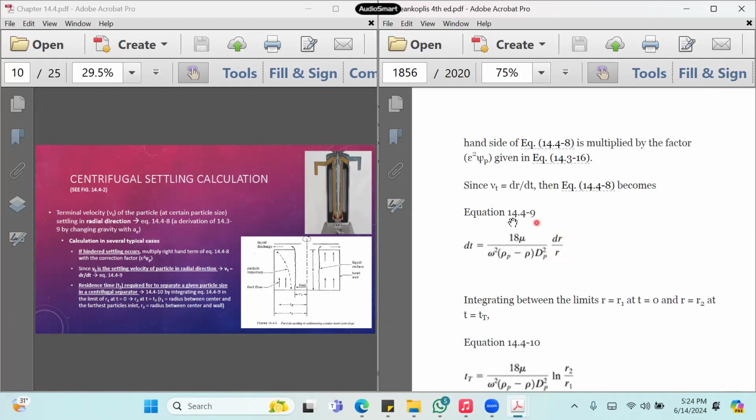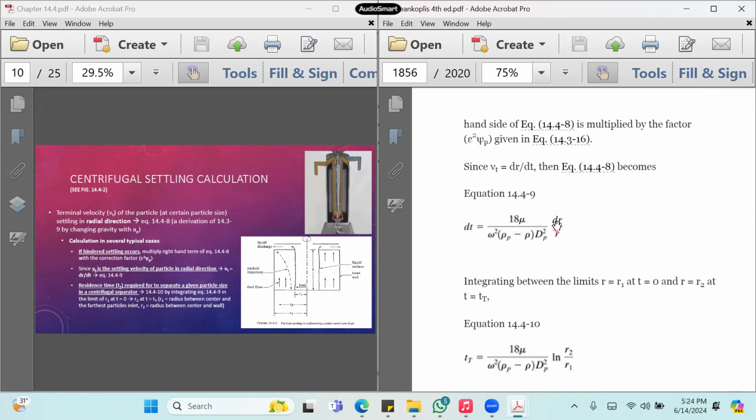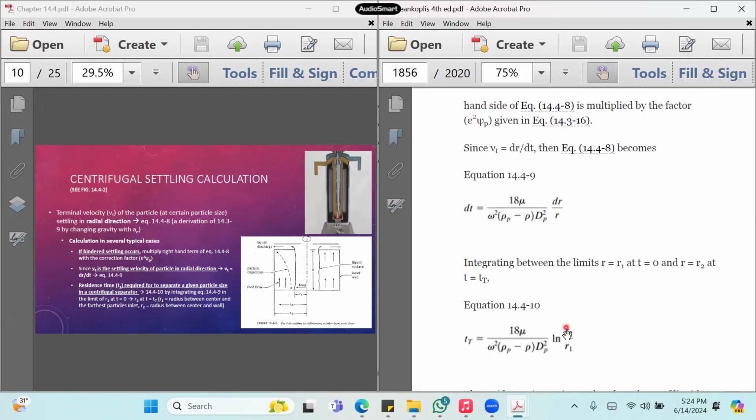So the equation becomes equation 9. After integrating this equation, we can find the residence time required to separate solid from the liquid using the centrifuge. So if the question is what is the residence time required to separate a given particle in the centrifuge, we can use equation 10.